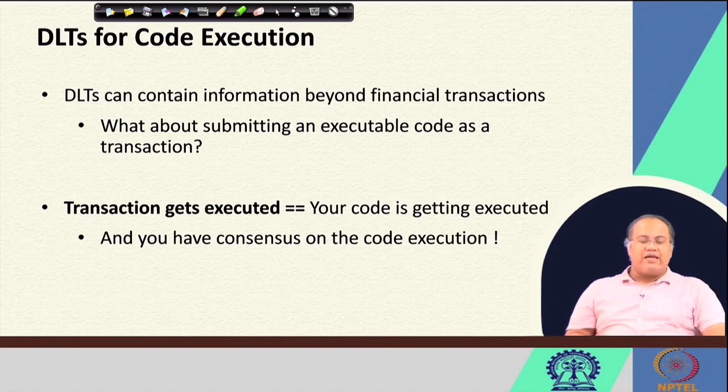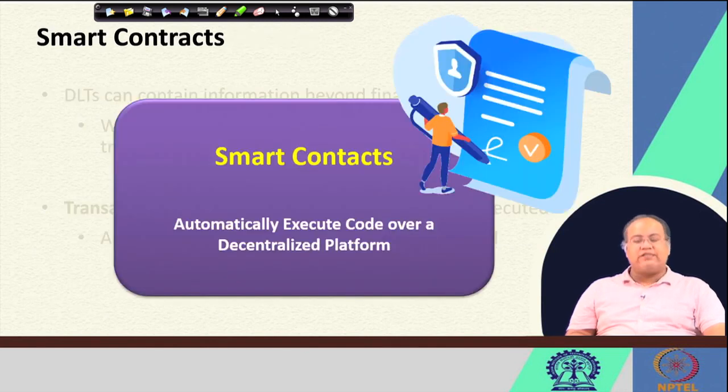This entire idea, running code or executables on top of a distributed architecture like blockchain, gives rise to the idea of something called a smart contract. The idea of the smart contract is that you automatically execute a code or a contract over a decentralized platform.